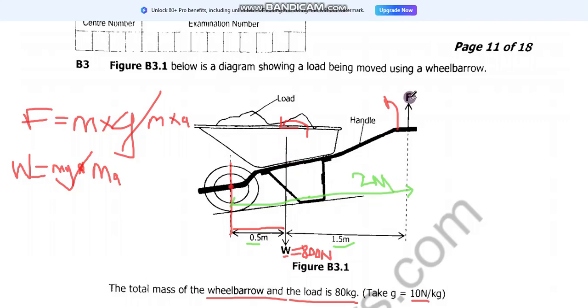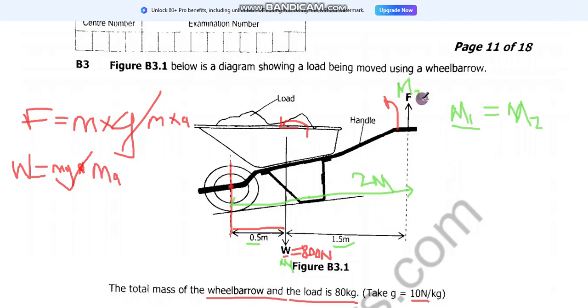So since this question is coming from moment, we should say moment 1 should give us moment 2. Okay, moment 1 must equal moment 2. So what is moment 1? Moment 1 will be the weight here. This is moment 1, and moment 2 is the force which we are looking at.